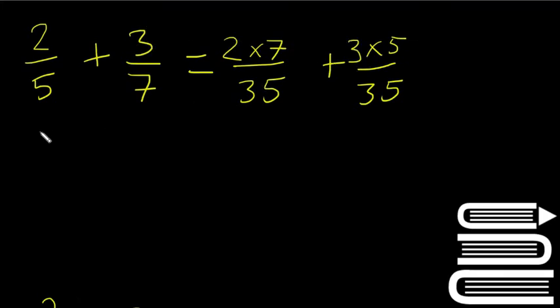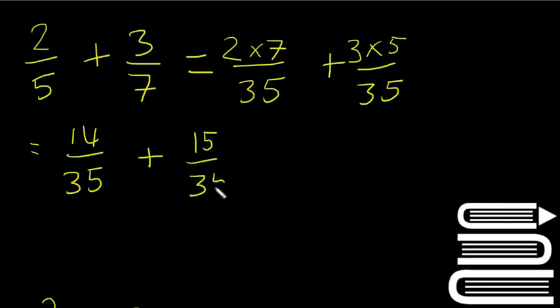If we do those little multiplications, we're going to get 14 over 35 plus 15 over 35. Does that all make sense so far? Then you just have to add these two, 29 over 35.